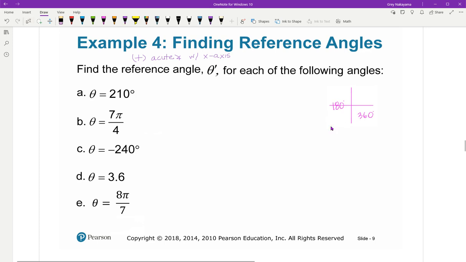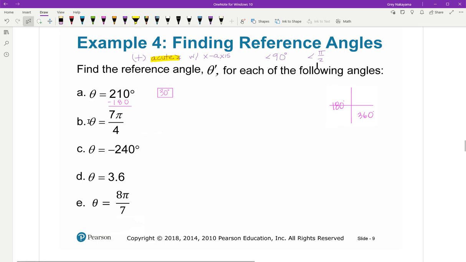I'm just going to subtract 180 from it and find out my reference angle is 30 degrees. If it's an acute angle, y'all, then you know that every answer has to be less than 90 degrees or less than pi over 2. So if your answer is not, then you've done something wrong. That goes all back to the definition.